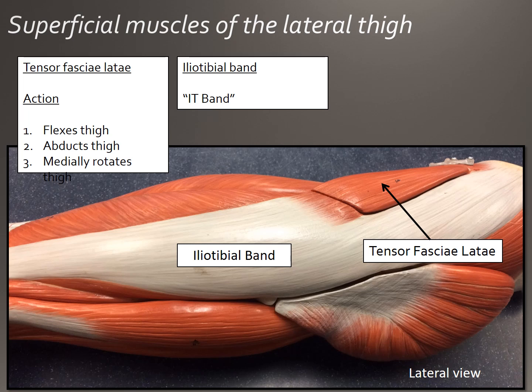And a lot of times, the IT band gets tight in response to these other muscles either being overworked or weakened. There's some sort of imbalance there, and they get tight, and they end up pulling on the IT band, and this causes a lot of pain on the superficial lateral thigh.